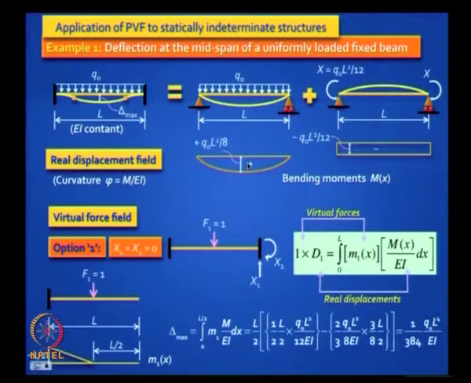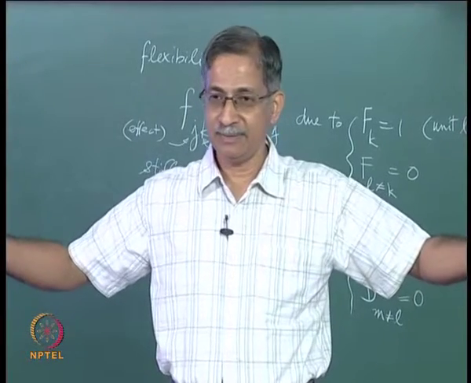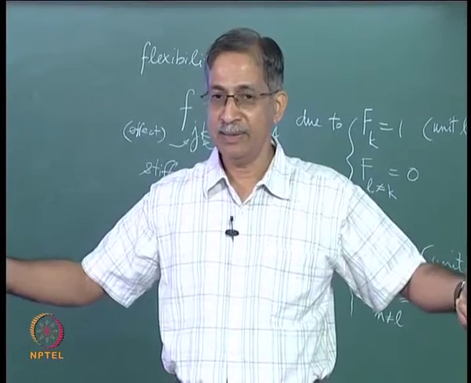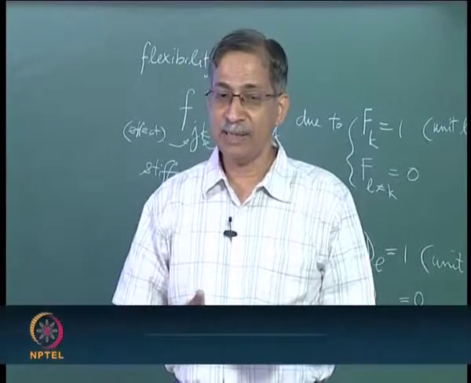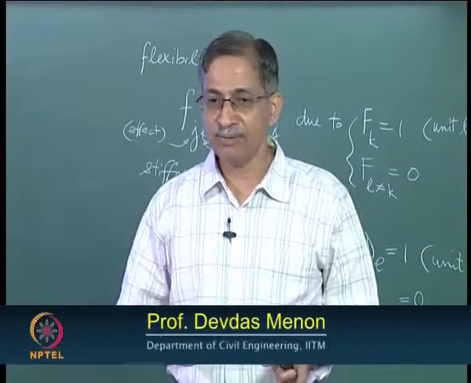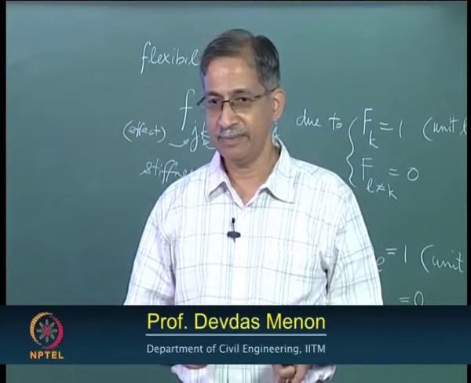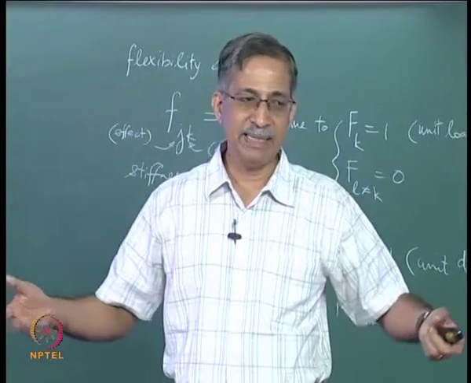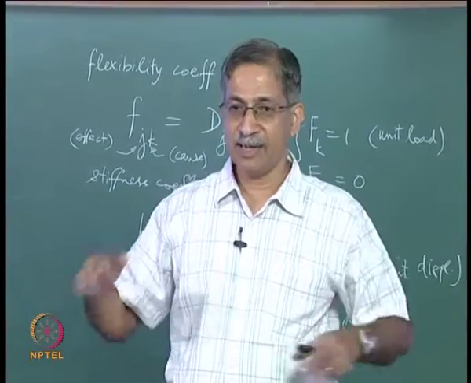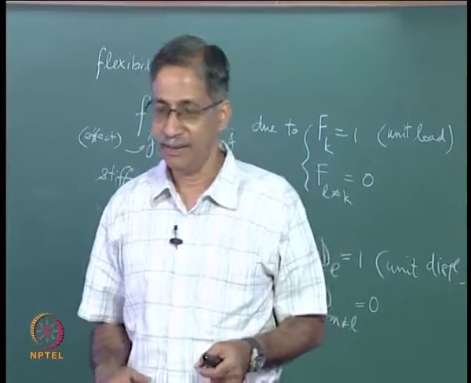You have done it. It is 5 by 384. So making it fixed, giving it some hogging moment actually reduces your midspan deflection to 20% of the original value. In reality many systems are partially fixed, so the answer is between these two extremes.